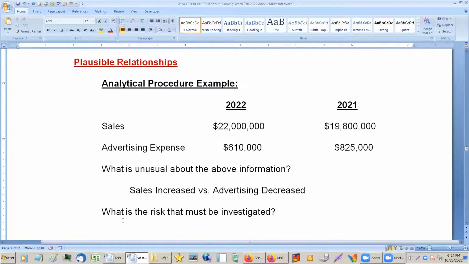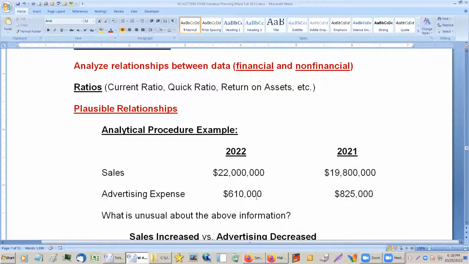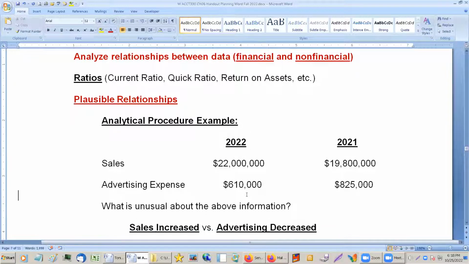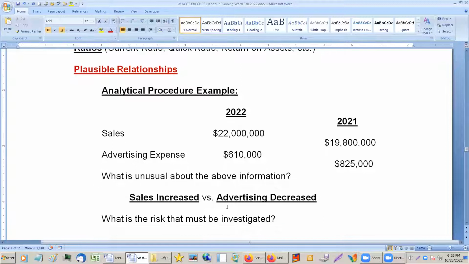Now, usually the plausible relationship, you'd think, okay, if sales increase, it's plausible that advertising would increase too. How do you make more sales? You do more advertising, or you pay more commissions if you're paying commissions to people. So how does this work, that sales increase and advertising decreases?